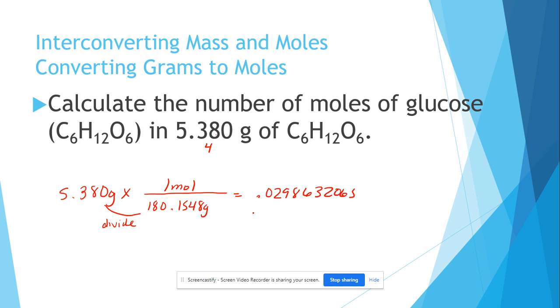So here I need 4 sig figs. Remember, this 0 right here does not count because it's a leading 0. So 2, 9, 8, 6. There's my 4 sig figs. Make sure you remember your unit, moles, and then what compound? Glucose, C6H12O6.